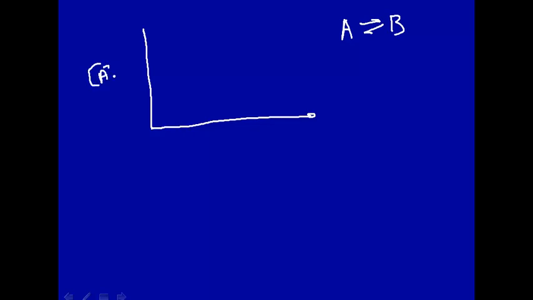Just to review what we mean by this, let's take a simple reaction A, which is in equilibrium with B. And over here we'll measure the concentration of A or the concentration of B as a function of time. We can measure these concentrations spectrophotometrically or something like that.